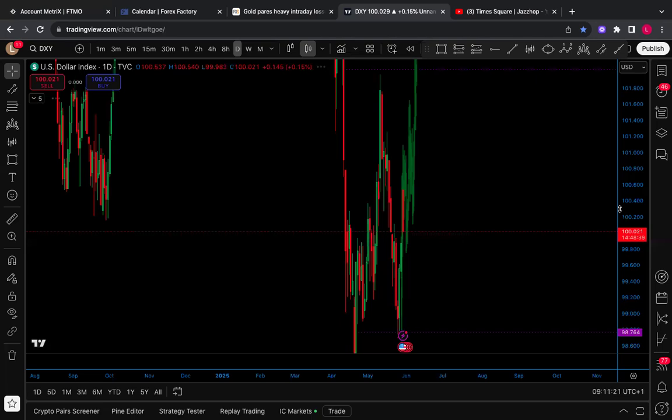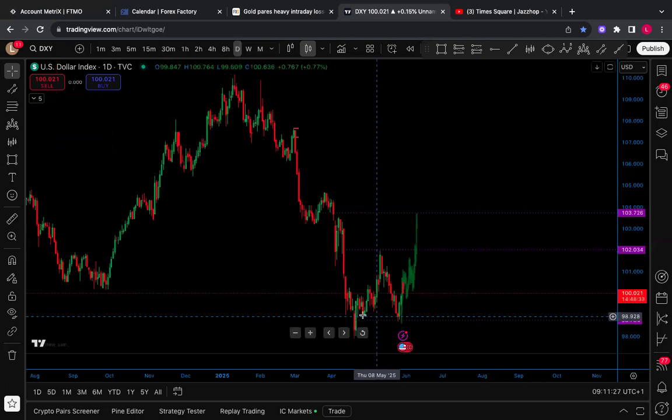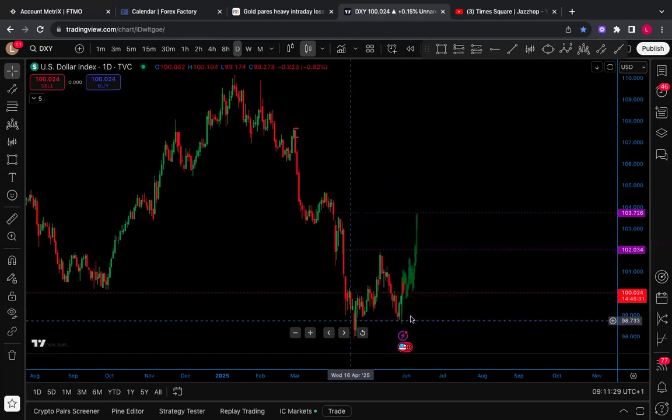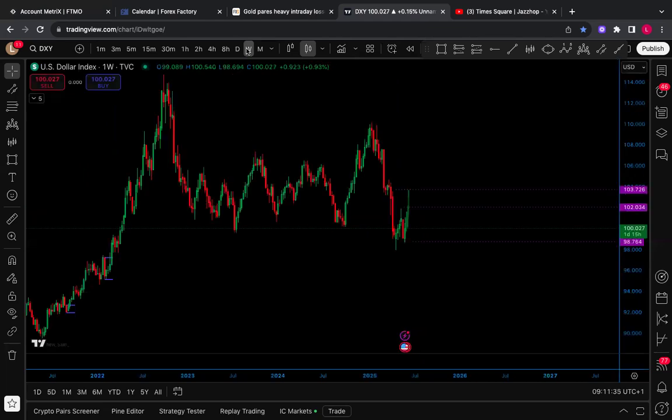So we've got a potential daily double bottom here, and weekly soon. It looks a little bit iffy, the fact that it broke below that support, but I see it at least coming up to retest these lows here, which would give us a fair drop on gold.